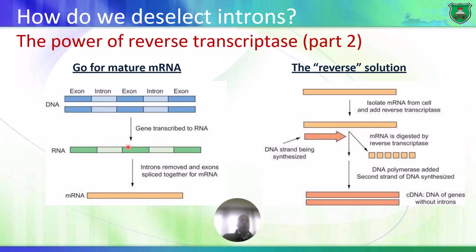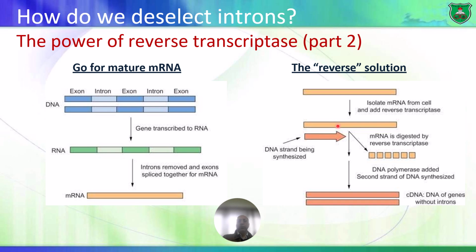So what we do is that we don't use DNA to make copies of a gene because of the presence of introns. We do not use the primary messenger RNA, the RNA that contains introns and exons. Rather, we use mature messenger RNA that contains only exons connected to each other without any introns.